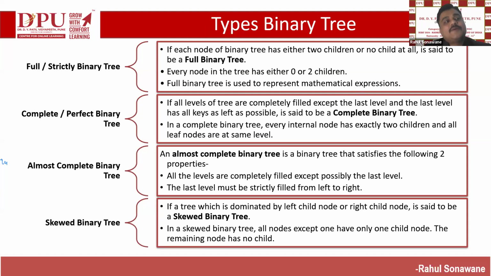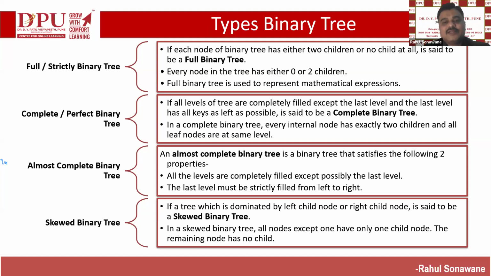Now next is the perfect binary tree or complete binary tree. If all the levels of the tree are completely filled except possibly the last level, and the last level has all the keys as far left as possible, it is known as a complete binary tree. A complete binary tree is a tree whose levels are filled from top to bottom.